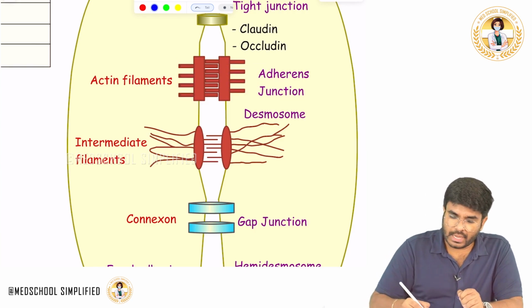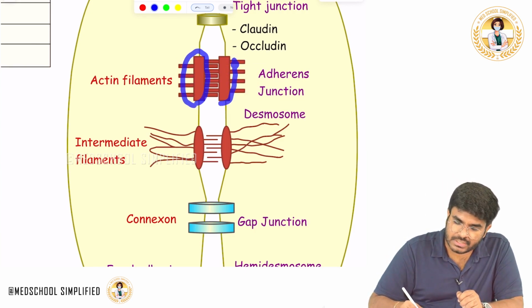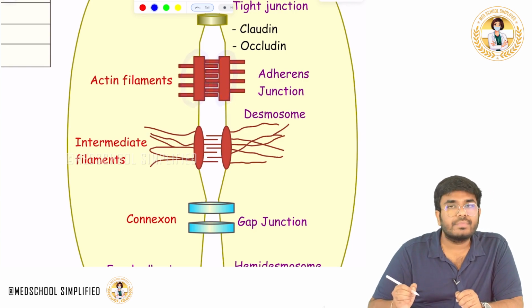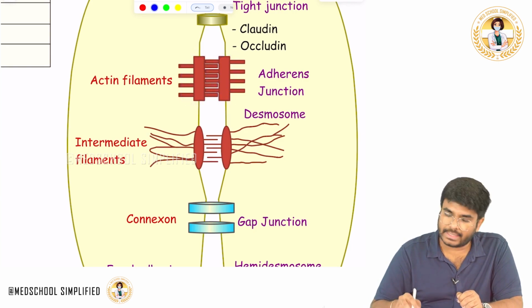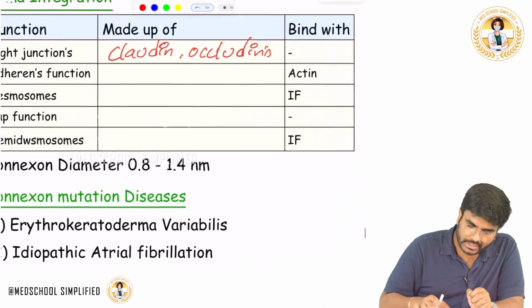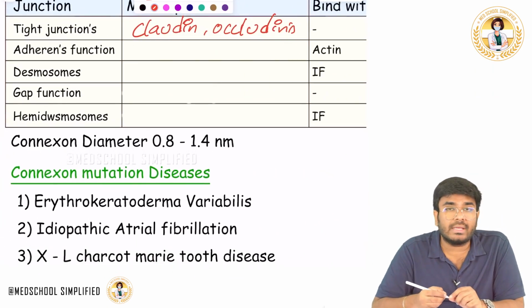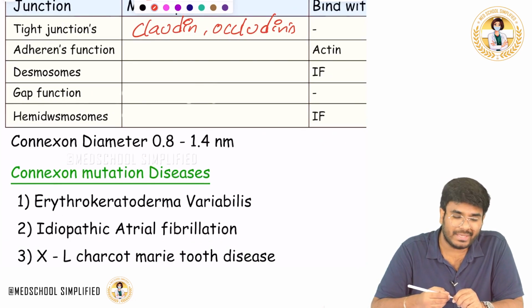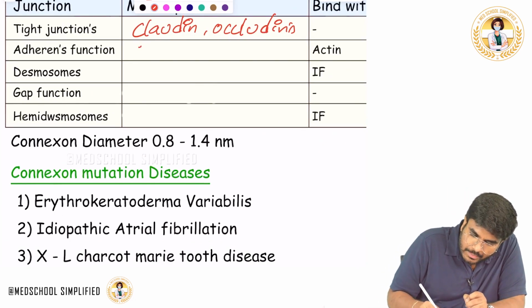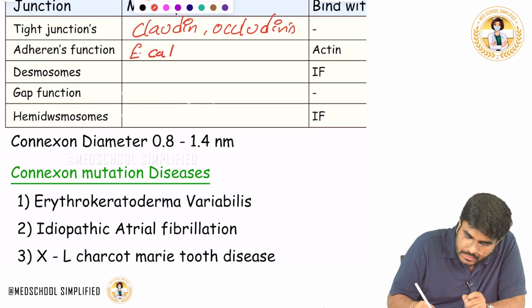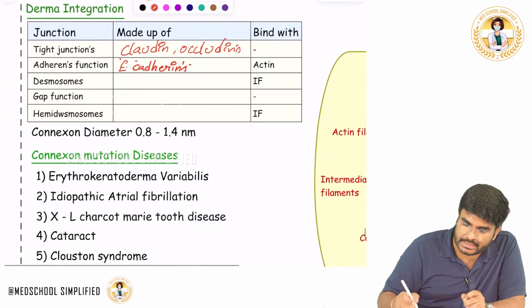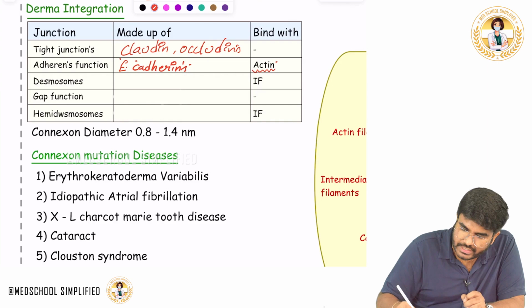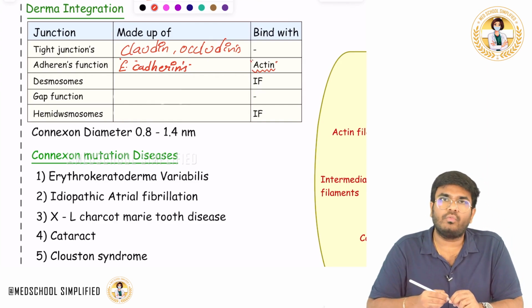Adherent junctions are made up of cadherin. You might have heard that cadherin mutations are seen with gastric cancers. Inside the cell, these junctions are attached with actin microfilaments.